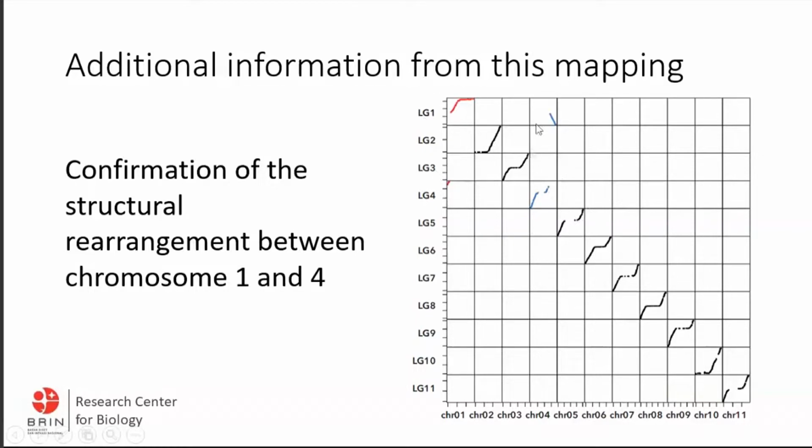When we map the markers to the chromosomes of banana in our populations, some parts of chromosome 4 are part of chromosome 1, and some parts of chromosome 1 are also part of chromosome 4. So it's confirmed that there is a translocation between chromosome 1 and chromosome 4 in subspecies Malacensis accession DP010 that we use for the mapping.